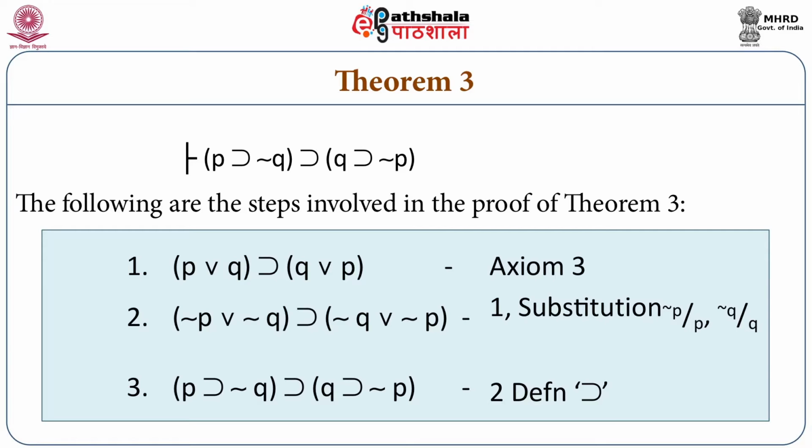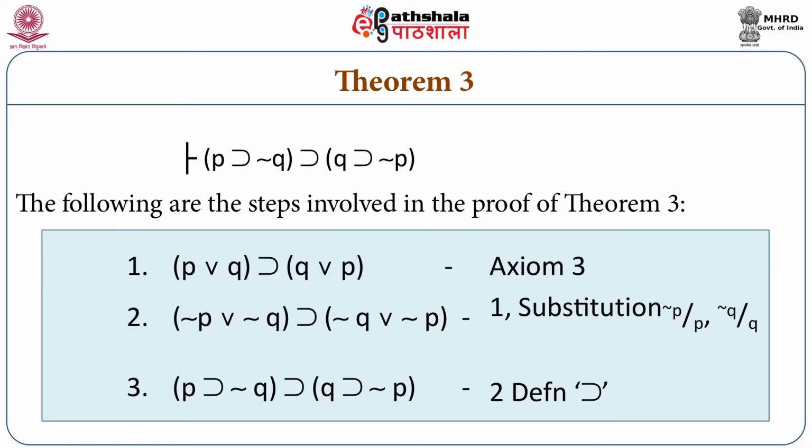Now we can uniformly substitute each occurrence of P by not P and each occurrence of Q by not Q. What happens when we do that uniform substitution? We get this formula: not P or not Q together implies not Q or not P. What we do next is introduce logically equivalent expressions.